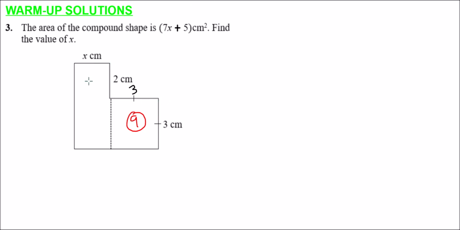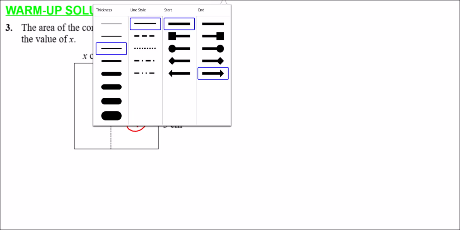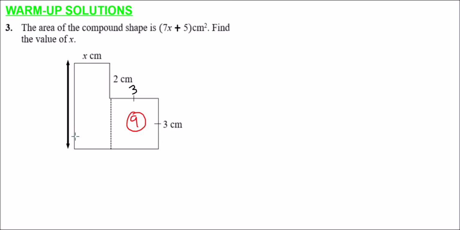And so the total length of this rectangle in its complete form is going to be 2 plus 3. It's going to have a length of 5. And so this rectangular bit of the shape is going to have an area of 5 multiplied by x. In other words, this bit's got an area of 5x. So the whole shape must have an area of 5x plus 9.